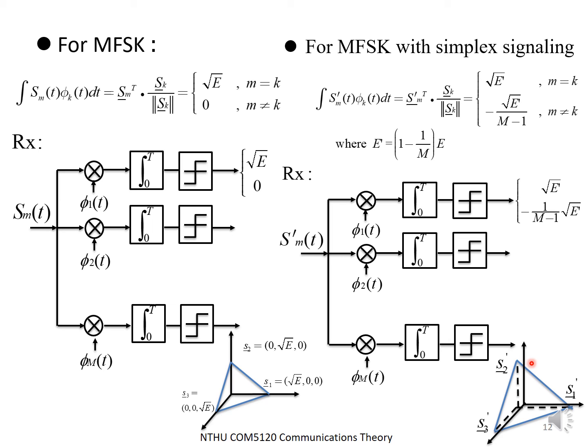As we can see from the figure, the distance between any two symbols will not change at all, because it's a constant shift of this constellation that makes this simplex signaling.